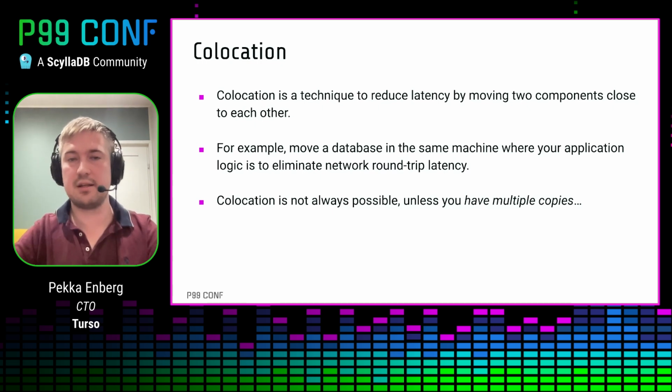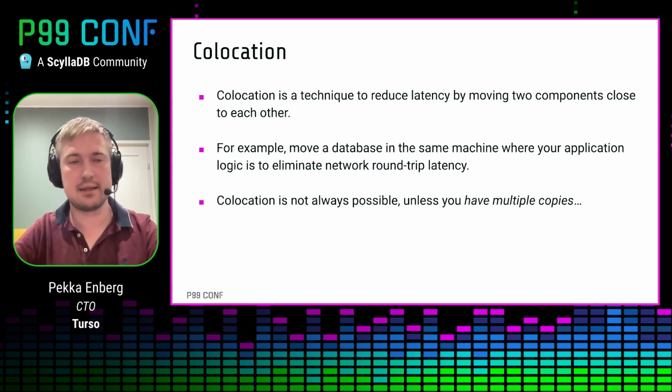So co-location is a technique to just reduce latency by moving two components close to each other. For example, if you can move the database to the same machine where your application is, something that we do with SQLite, you essentially eliminate any network round-trip latency. And there are other examples as well.